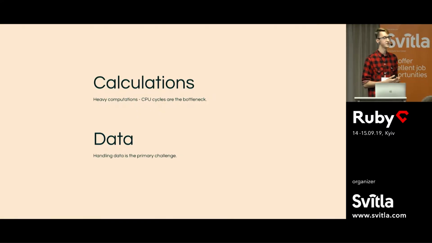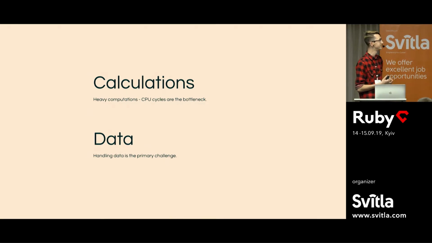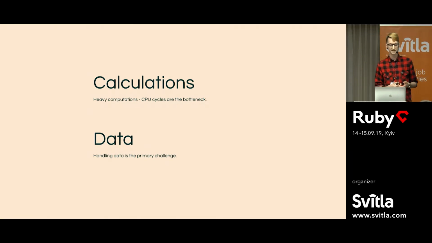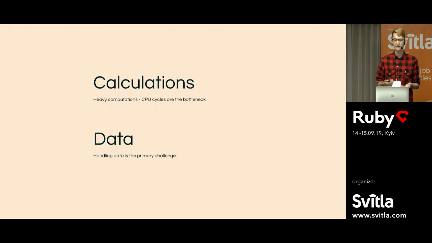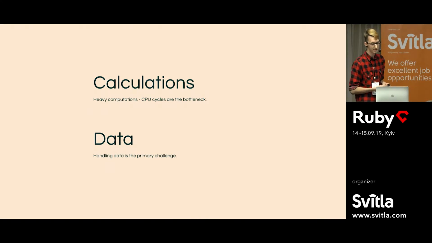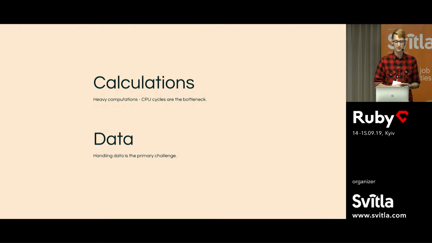So in software engineering, we mostly build systems and applications which could be based on either heavy computations, where CPU cycles are the bottleneck, or based on data. So the data is the primary challenge: the quantity of data, the complexity of data, or the speed at which it is changing.